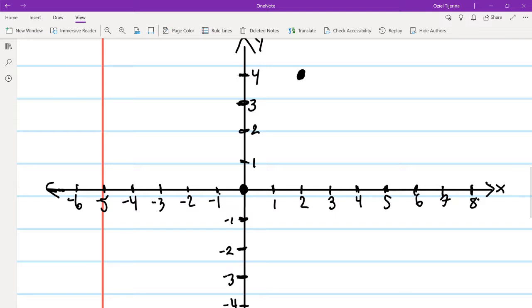Like if I have a point right here and a point right here, I would be going up 1 and right 2, or up 1 and right 1. So that's what slope is.